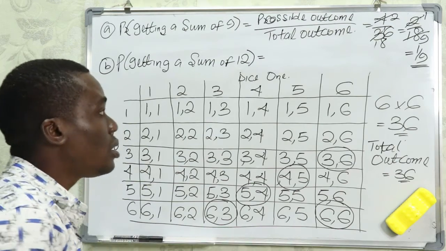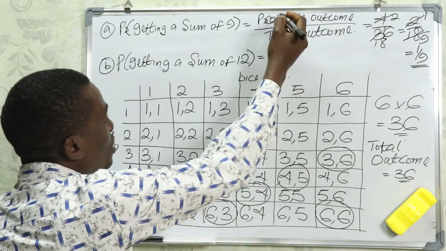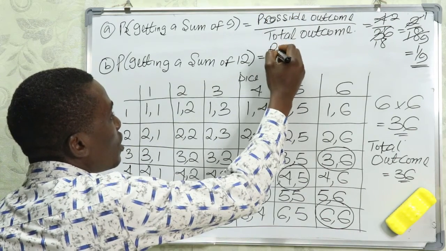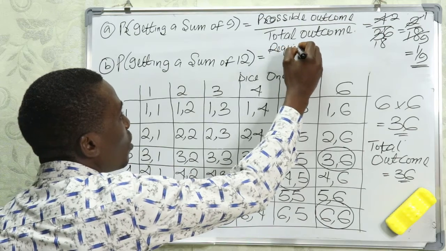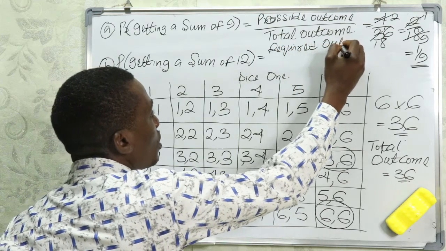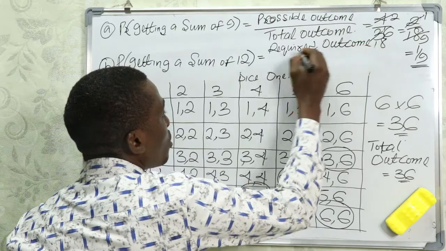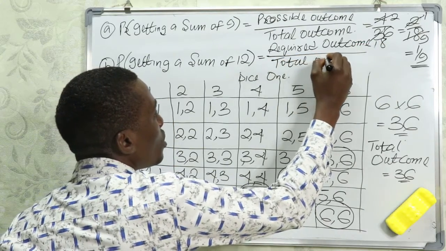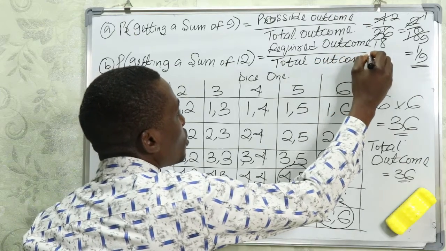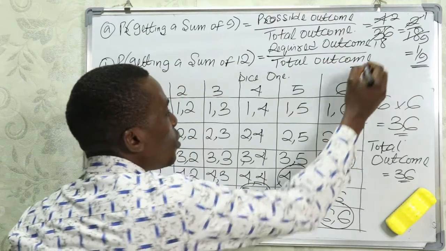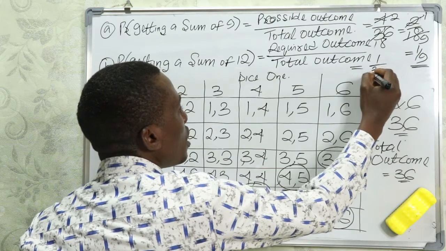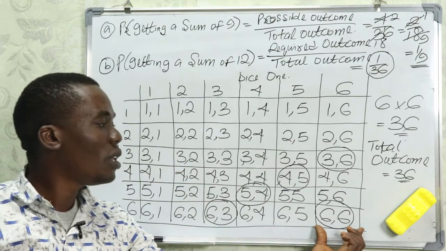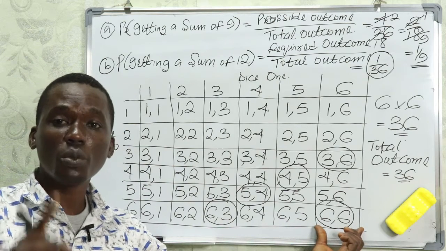So that means the probability of getting a sum of 12 is the required outcome all over the total outcome. So the result will be 1 over 36.